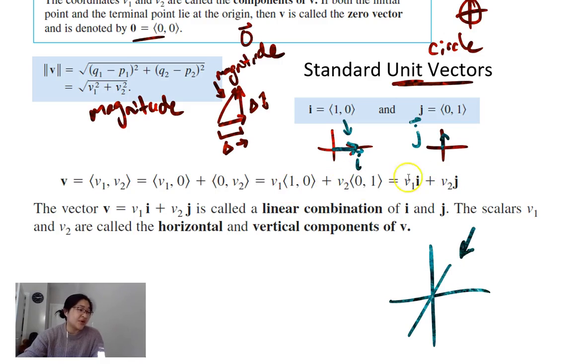But this is just another way of writing the component form from before. And that makes sense because when you're adding things together, you're essentially taking a 0 in the vertical direction when you're multiplying by i, and then you're taking 0 in the horizontal direction when you're multiplying by j. Right, so that's what is showing here.